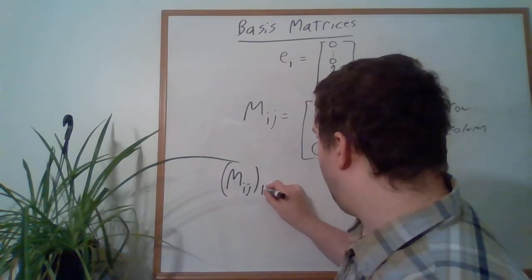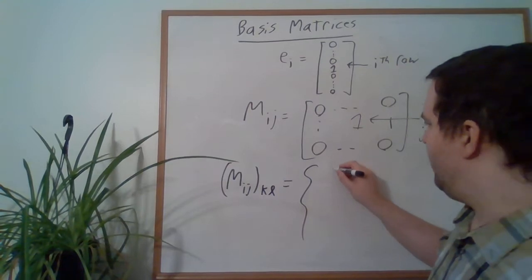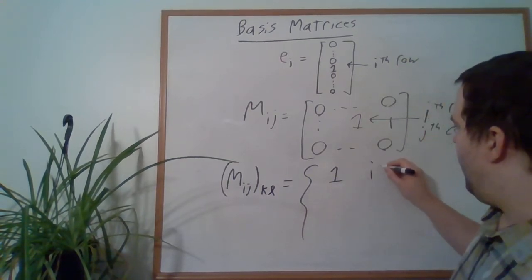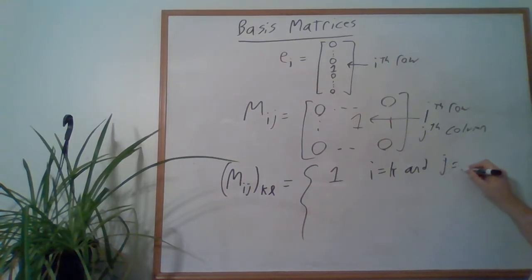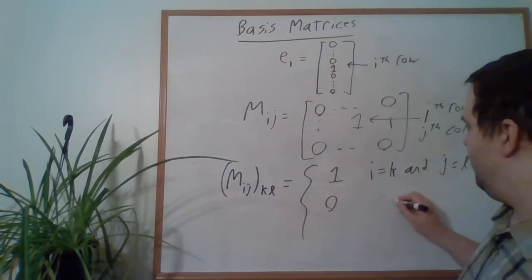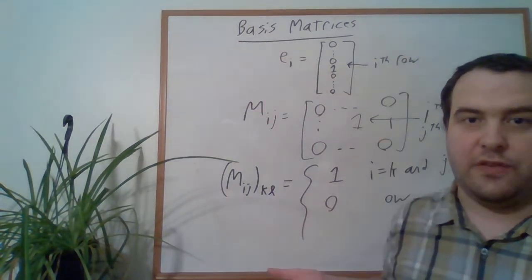In the kth row and lth column, it's going to be 1 if i is equal to k and j is equal to l, and it's going to be 0 otherwise. So that's one way that you could define these matrices.